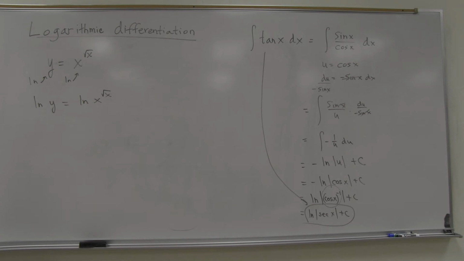And maybe you can see the reason for doing that. What can I do now to the right side? It's kind of going the other way from what we were doing before, but I can alter this a little bit. I can bring that power out. It's going to get rid of that power, because I can't bring it down here, but since it's in a logarithm now, I can bring that power down by property 3 that we just mentioned.